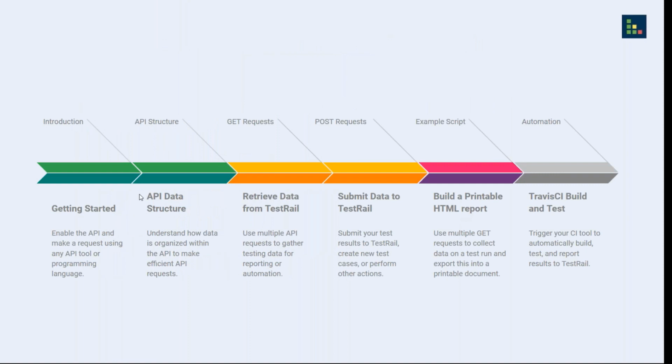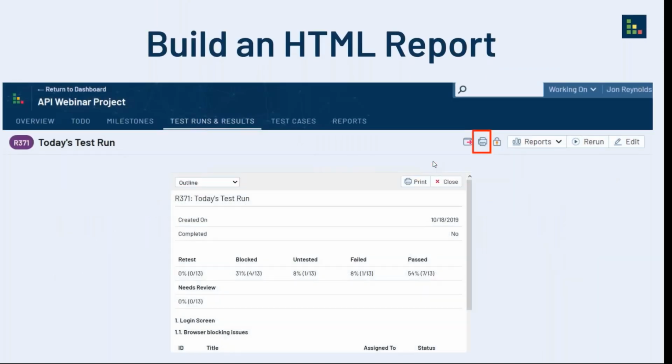Now, I have an additional example to cover, which is an example of an HTML report that you can build using TestRail's API. This script is also available in the repository, which I'll link at the end of the webinar. So in TestRail, if you use the print icon for a test run, you can create a printable copy of your test run which you can print to PDF as needed.